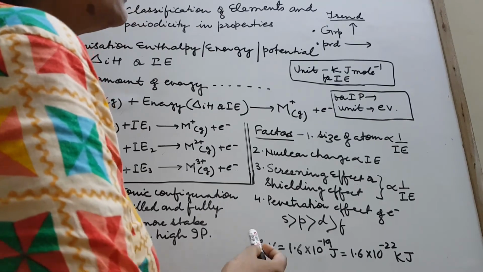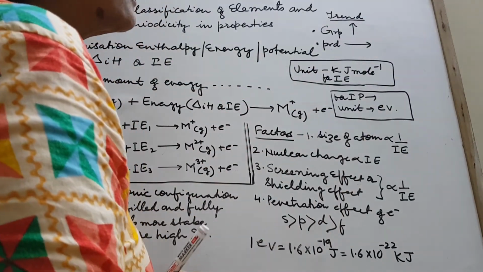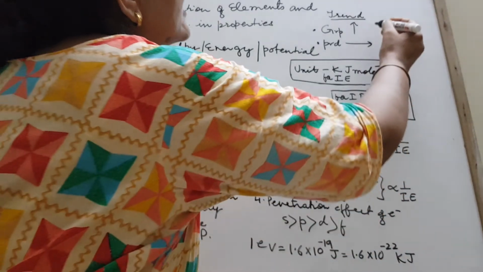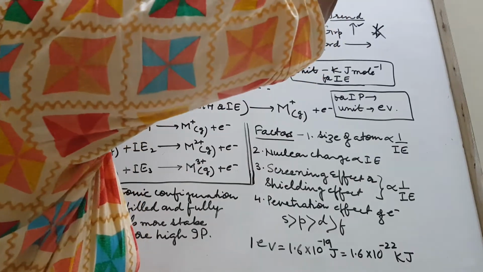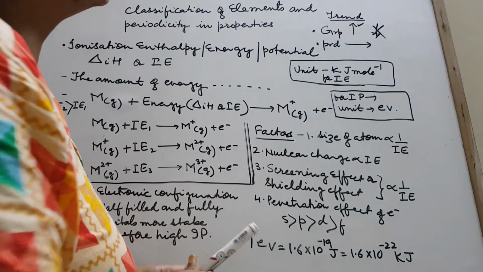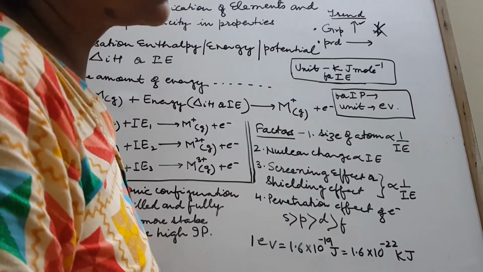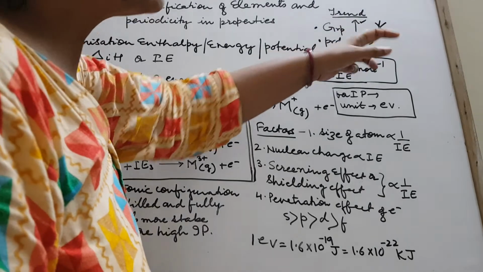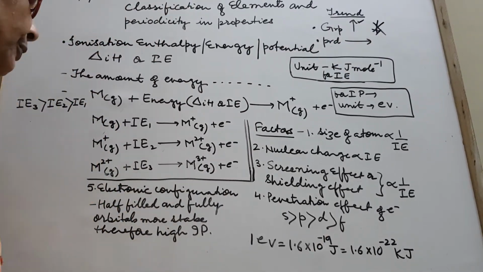So I repeat, in a group top to bottom, it decreases. Since it decreases, I did not make the arrow this way, it would be wrong. Above the value is higher, as you move downwards the value goes on decreasing. Then in the period, it increases as you move from left to right, because the size decreases. Why so? The concept should be known to you.